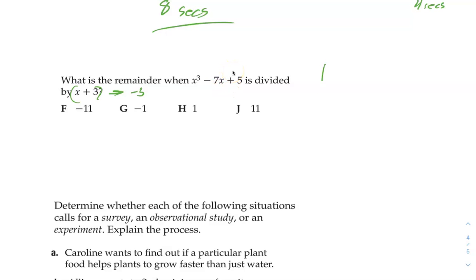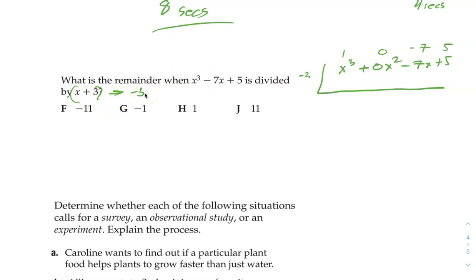The other way to do this is by synthetic division. Good old friend. Now remember, you have to go in order. So there's x cubed, and there should be an x squared, so plus 0x squared minus 7x plus 5. So just 1, 0, -7, 5. And since it is in binomial form, you have to use the opposite, -3.